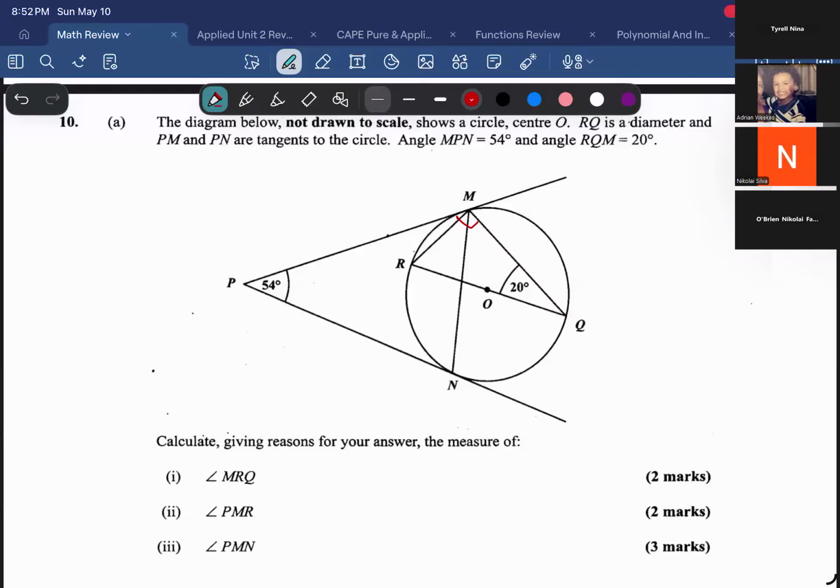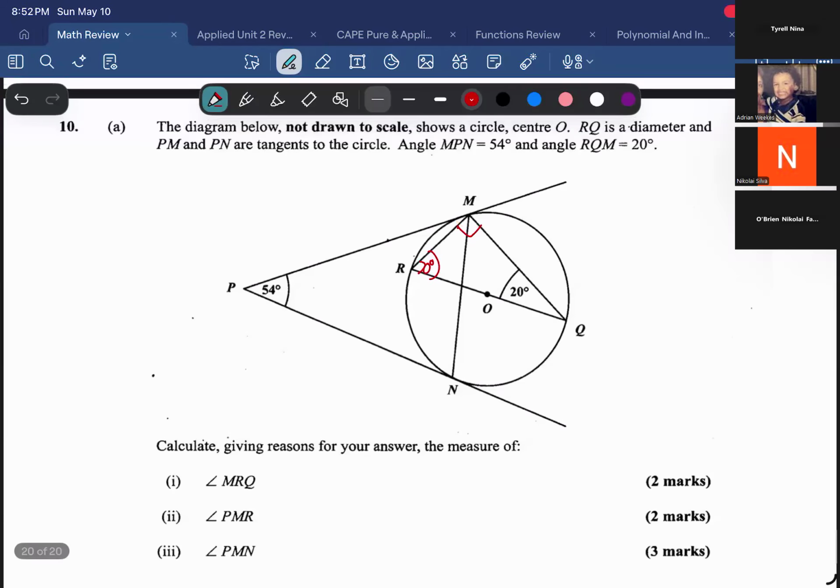Anything else I could add? All right, well, if this is 90 degrees here, then this would be 70 degrees. All right, cool. Anything else? Nothing coming to mind so far that looks obvious.